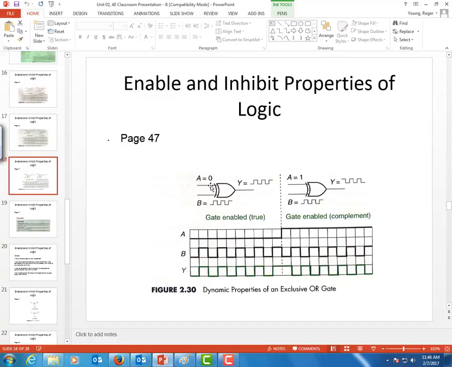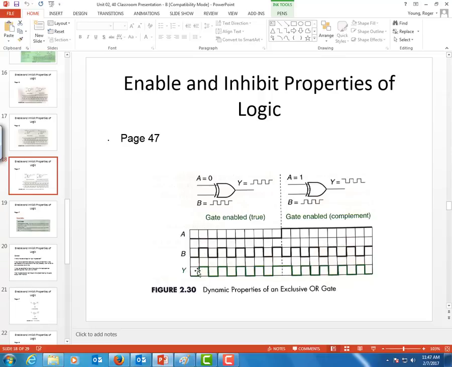When A is 0 and B is 0, your output's 0. That makes sense, right? When A is 0, B is 1, your output's 1. Remember your truth table: for 0, 0 and 1, 1, the output's 0, but the other two are high, right? You can check your notes for that. There's no place for me to write that down right here.